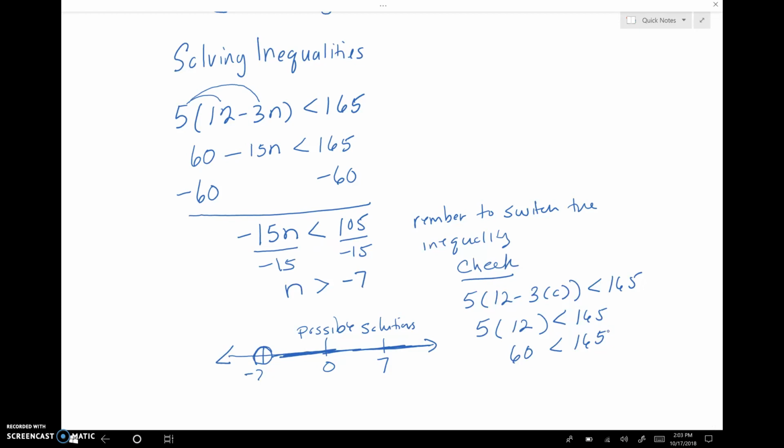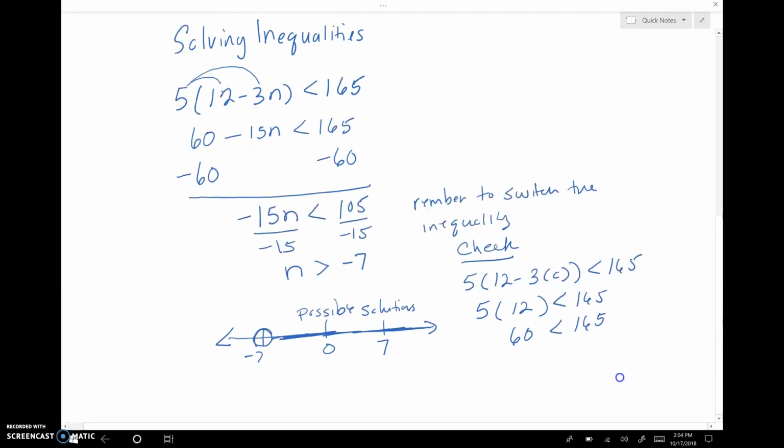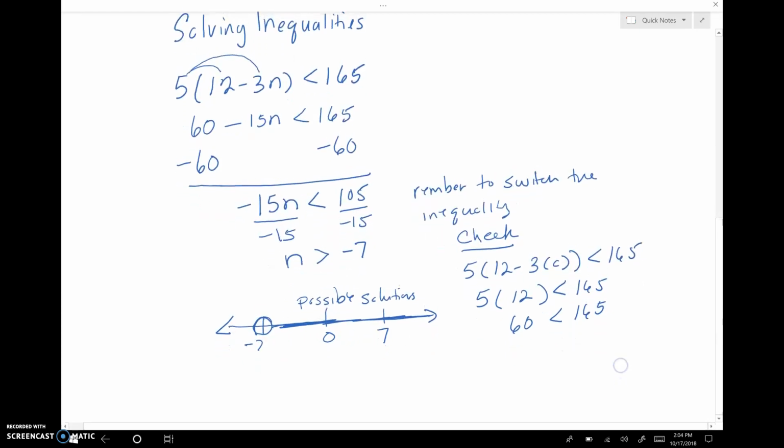If you wanted to use negative 7, we can also check negative 7. So we have 5 times 12 minus 3 times negative 7, and we're going to check if that's less than 165.